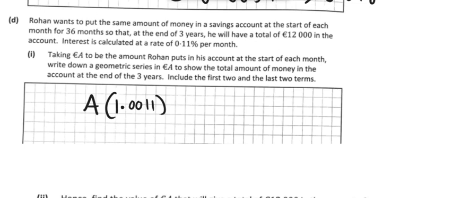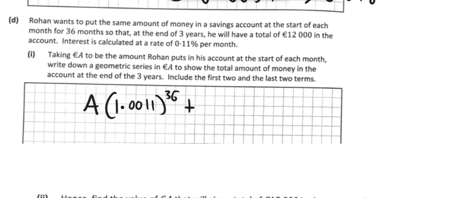Okay, and then it's to the power of 36, because that's going to get that much interest every month. All right, so that's how much the money in the first month will make. So whatever he puts in multiplied by that to the power of 36, that's how much money he'll make from the amount he puts in the first month.